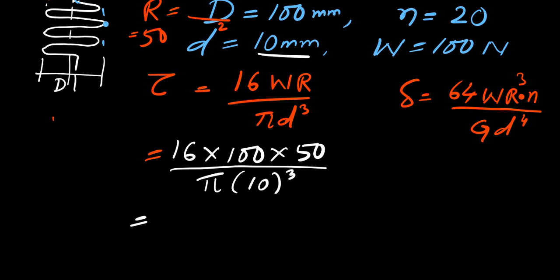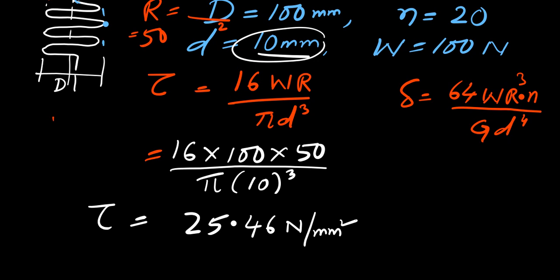The value is 25.46, and the unit of stress will be Newton per millimeter square, because all the values, the diameter, stress, everything, are considered in millimeters. So you are getting the stress in Newton per millimeter square. Now you have to calculate the deflection.